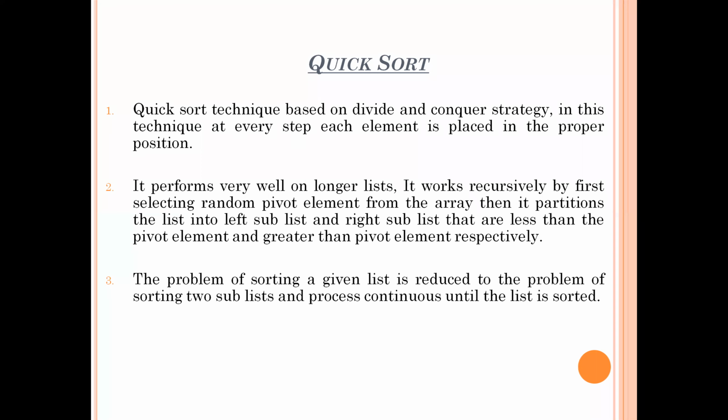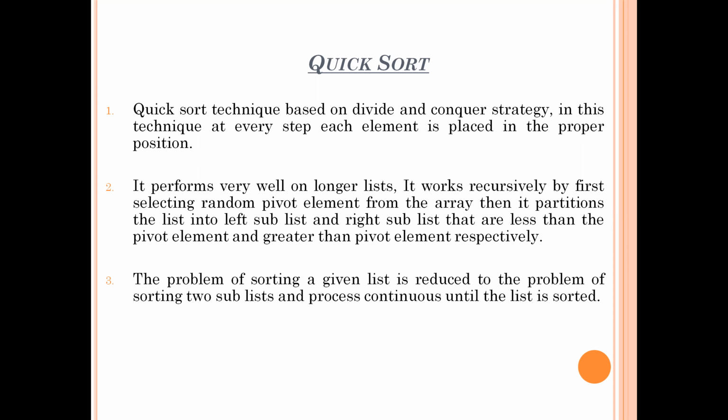For each iteration, an element is selected as a pivot, and after the completion of the iteration, that element is placed in its right position. Right position means its position in the sorted order. That is what is done in the case of quicksort.